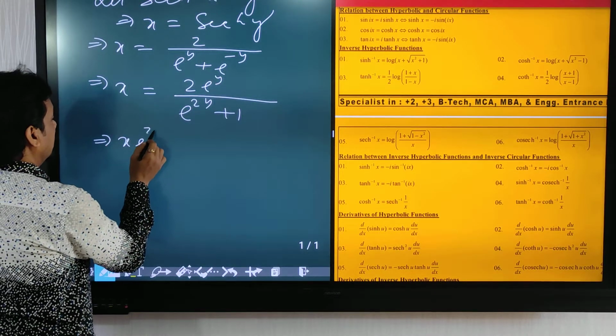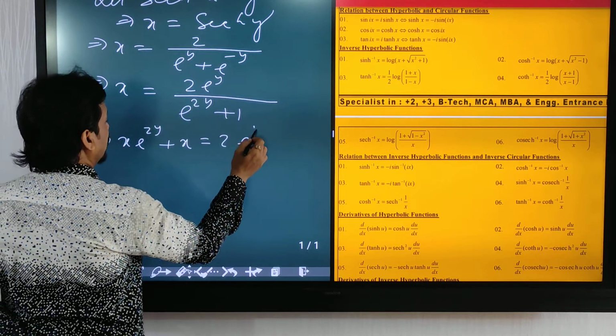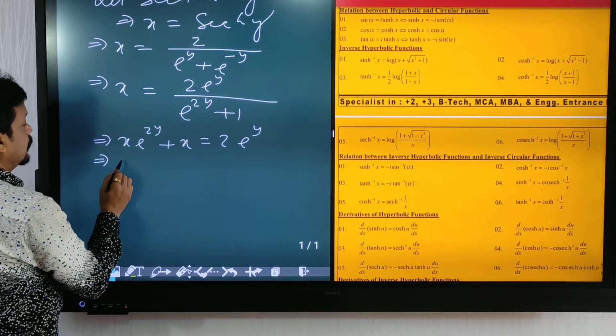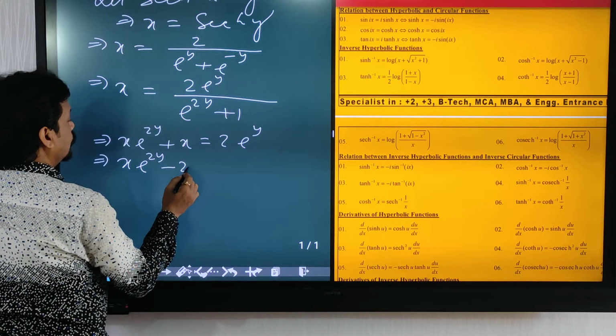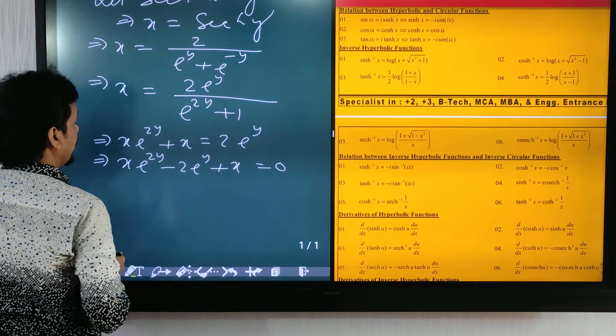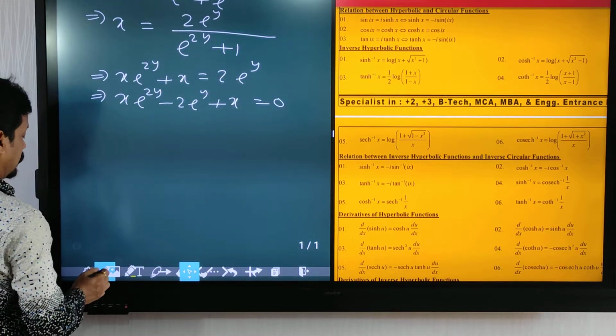x into e to the power 2y plus x is equal to 2 e to the power y. Take everything to one side: x into e to the power 2y minus 2 e to the power y plus x is equal to 0. And this is a quadratic equation in e to the power y.